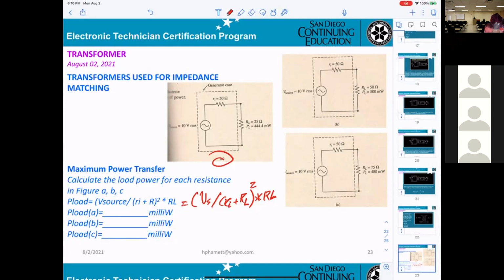Okay, now you can see what we have. VS is 10 volts, divided by 25 plus 50, squared, times 25.